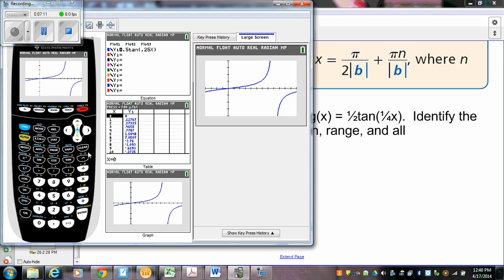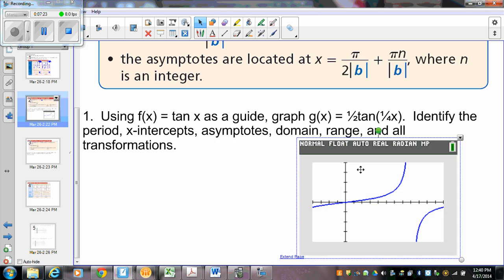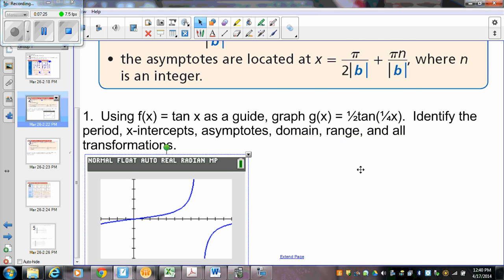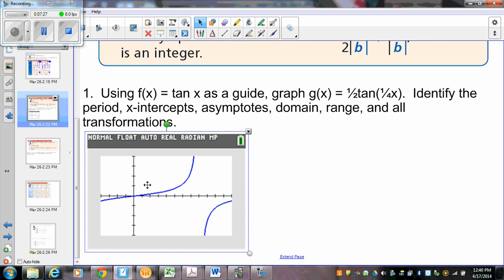Now you'll notice that this has a whole lot less of our little wavy curves than we had previously. That's because we have both a vertical compression and a horizontal stretch, and that horizontal stretch has stretched out our period.